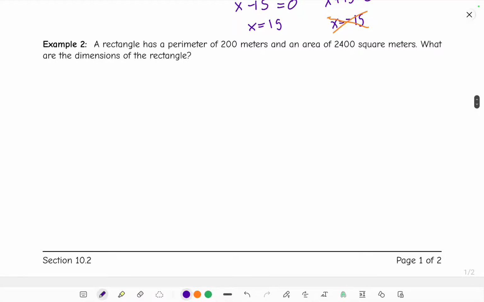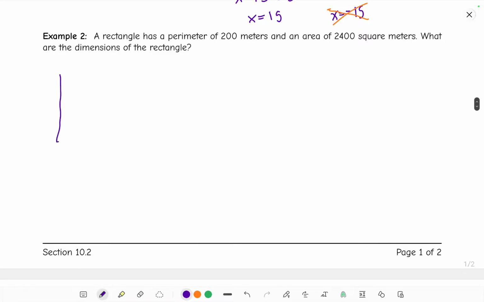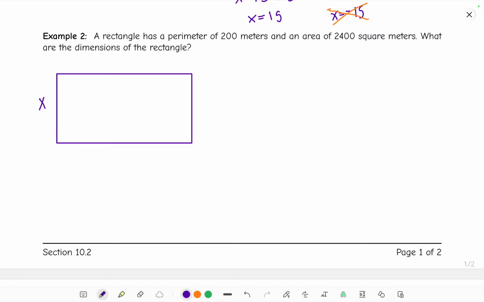Example 2. A rectangle has a perimeter of 200 meters and an area of 2,400 square meters. What are the dimensions of the rectangle? So again, I'm going to start off by drawing a picture. So we have a rectangle. I don't know what either dimension is, so I'll just say x and y.